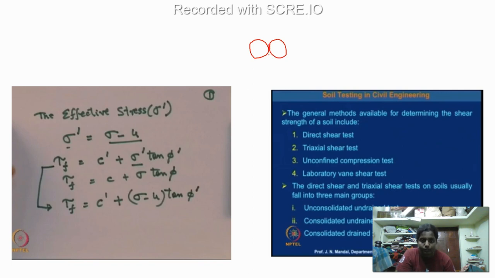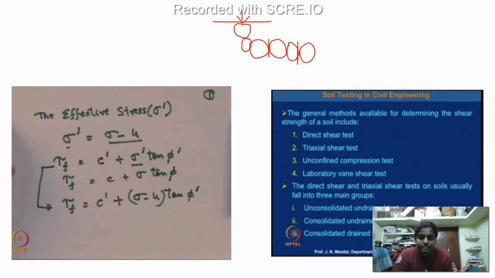At the point of contact, there is a stress, and that is what we call effective stress. If a load is applied, the soil transfers this load through the points of contact.